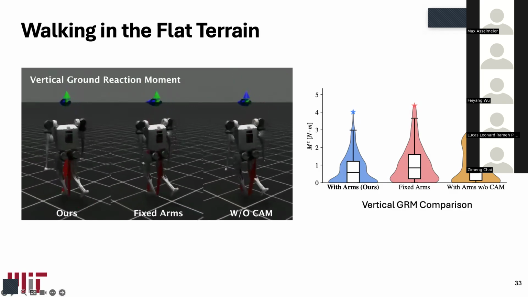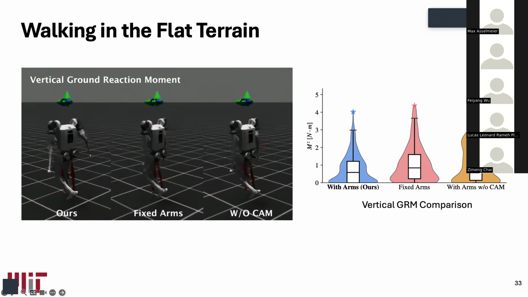If you multiply the r cross F or the center of pressure, you can collect this bunch of data of the distribution of the vertical ground reaction moment. And as you can see, consistent with the biomechanics studies, our case with normal arm motion has a much lower distribution and its peak vertical ground reaction moment, or GRM, is much lower.